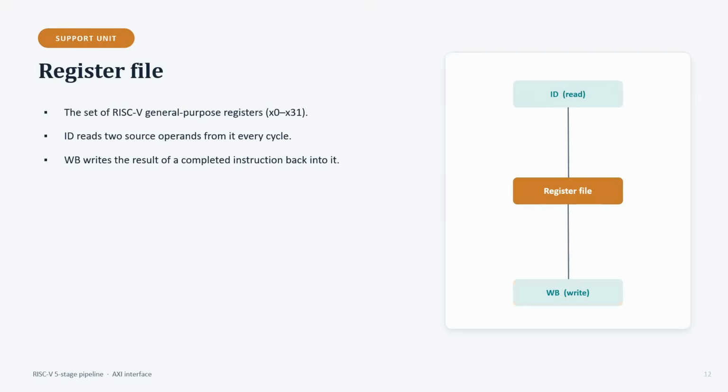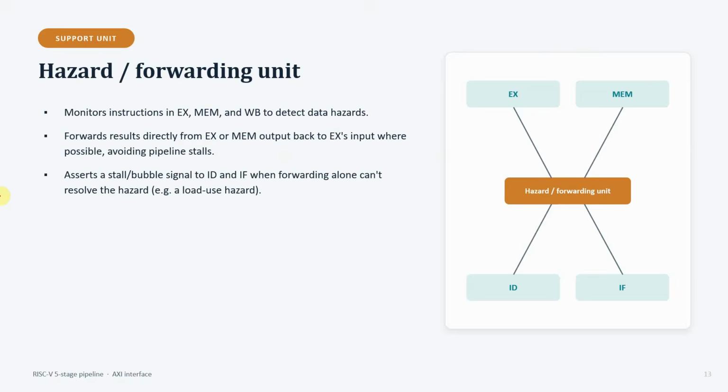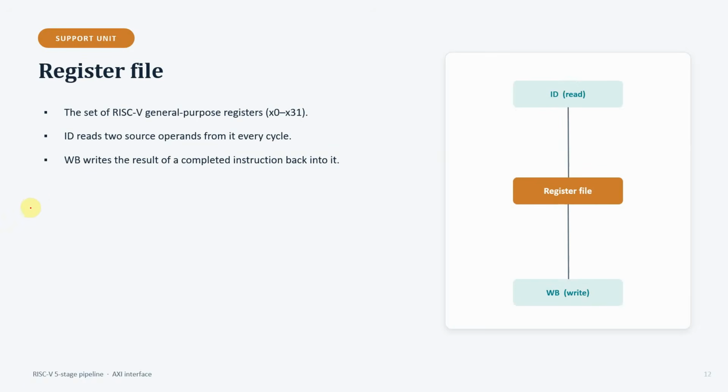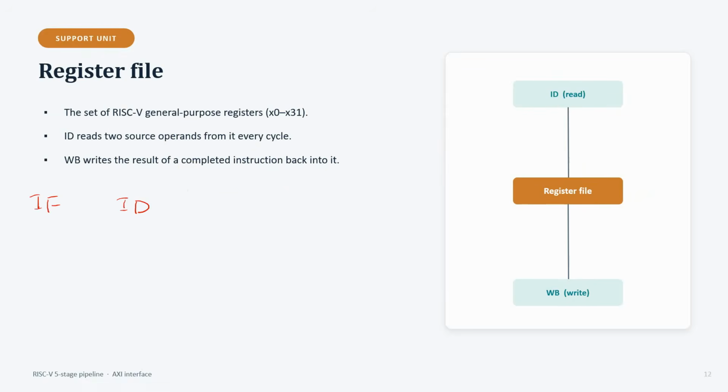For example, in my pipelining, I'm going to have something known as instruction fetch, instruction decode, execute, memory, and write back. Let me write it down over here. I have instruction fetch and instruction decode, and after instruction decode, execute, memory, and write back.